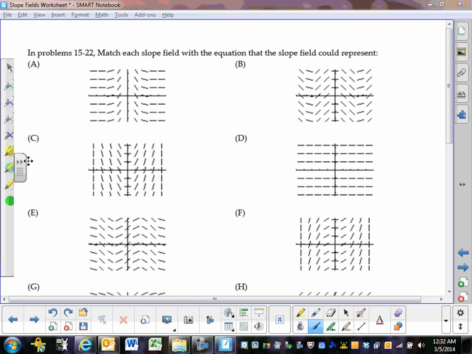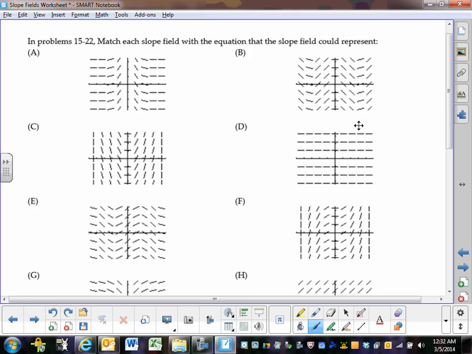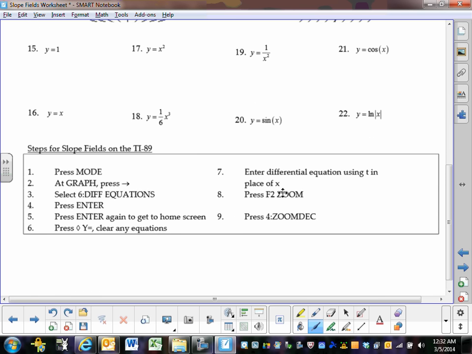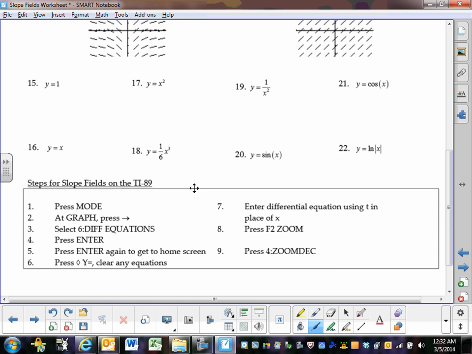Okay, so now we are on to our matching page, and it's our last page. Now, this is a little different. I did put the instructions at the bottom. If you have an 89, just a couple of you do, you can actually graph slope fields on your calculator for each of the derivatives.